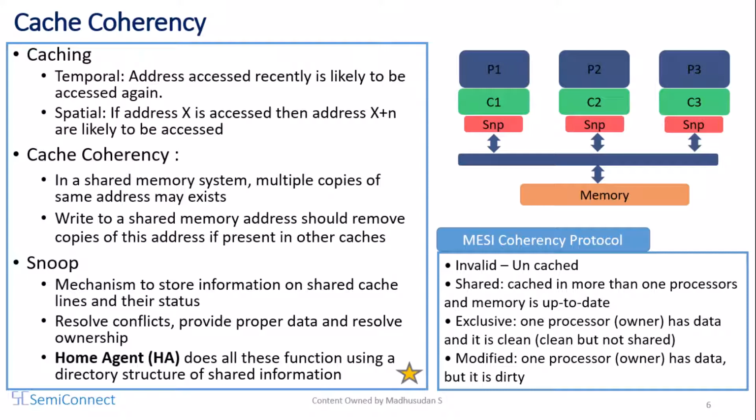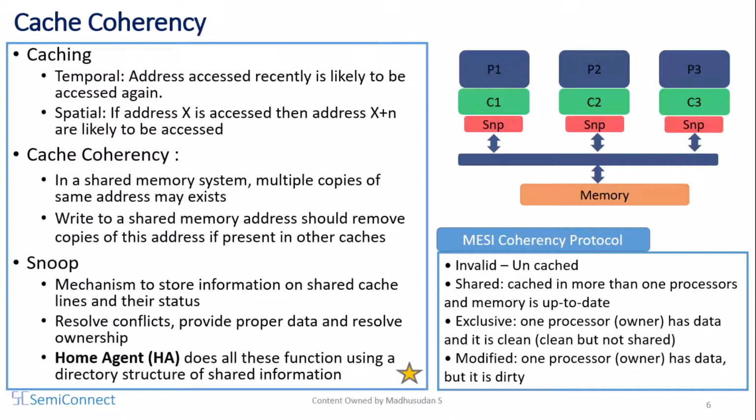So to take care of it, there is what is called a snooping mechanism, which is shown in pink color, right? This mechanism allows you to store the information on the state of the cache lines inside the caches. Once you store this state information, it becomes very easy to resolve the conflict and provide the actual data which is requested by the processor appropriately.